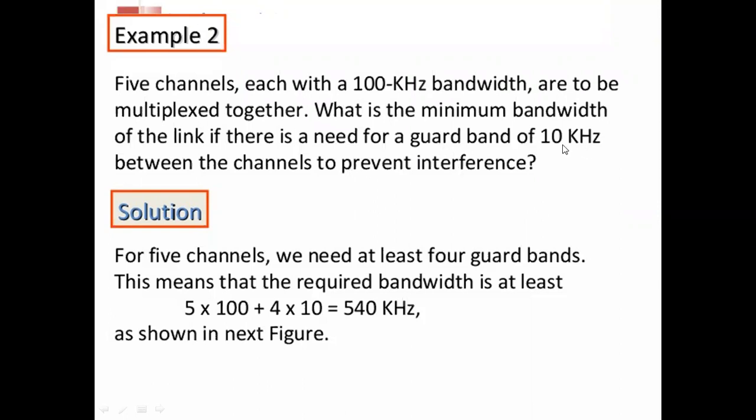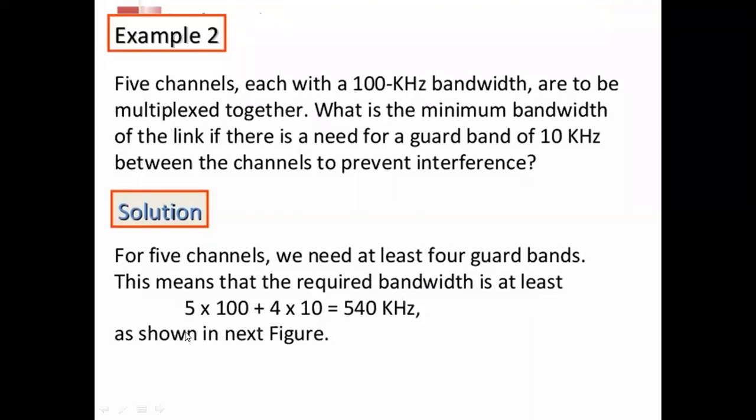What is the guard band frequency range? 10K. So the entire signal is 100K plus 10K, and again it starts. Now we'll see the solution here. For 5 channels, we need at least 4 guard bands.